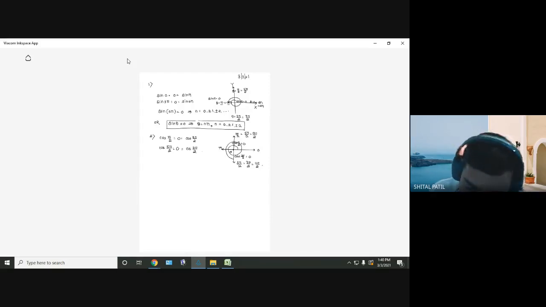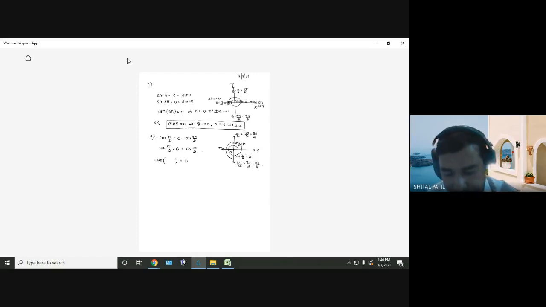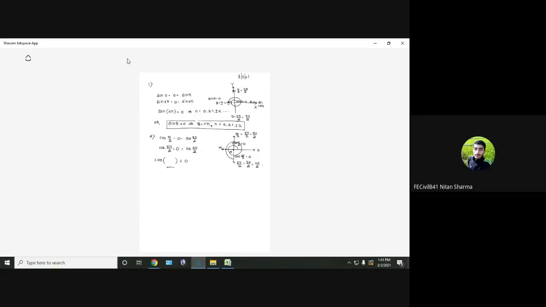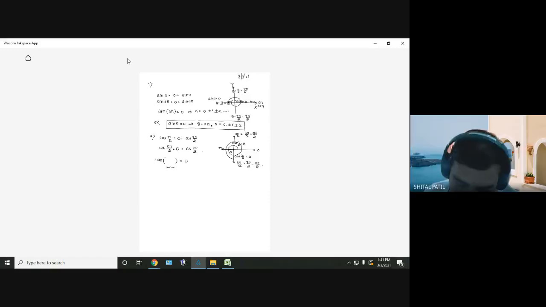Now I am to generalize this. So cos of, tell me what should be written here, equal to 0. What should be written here? n pi by 2? No, it will not work.